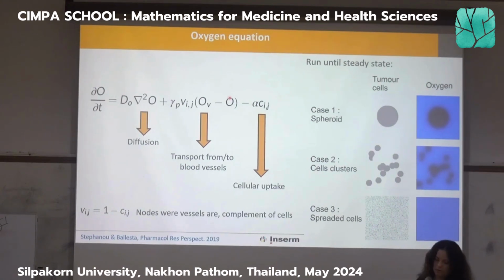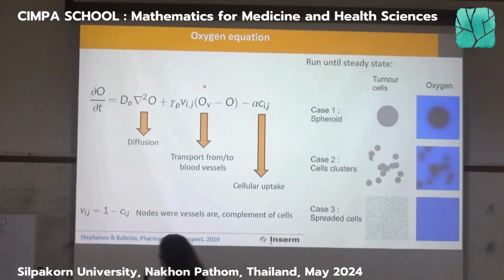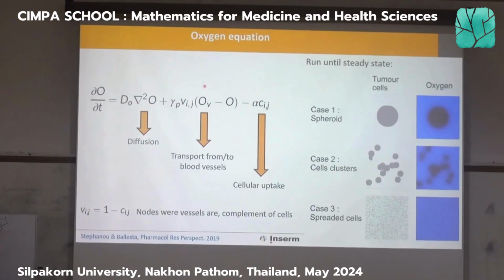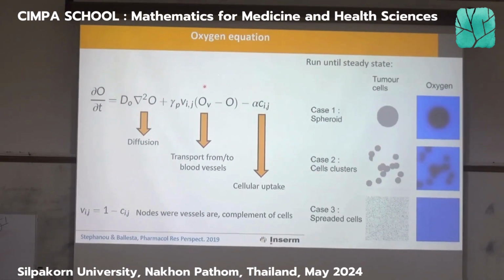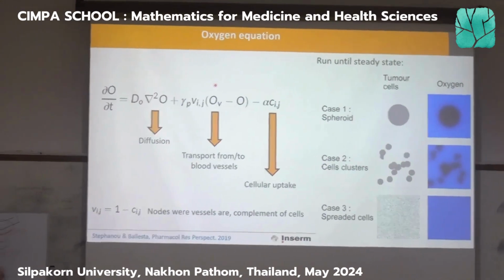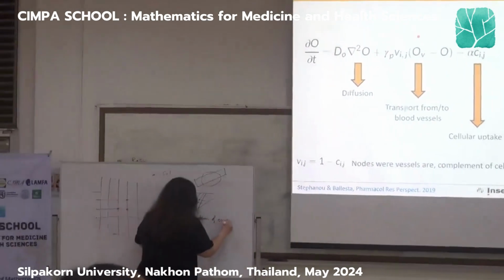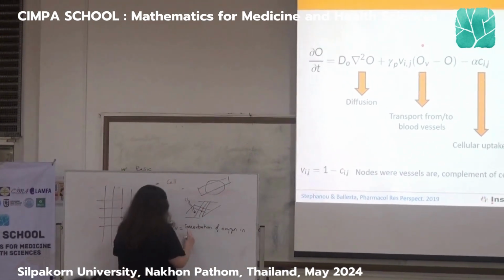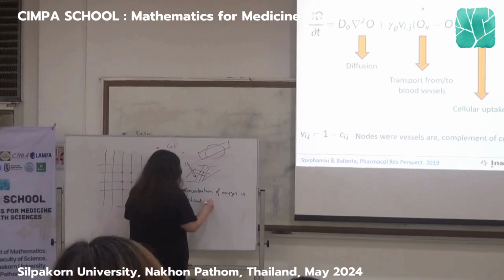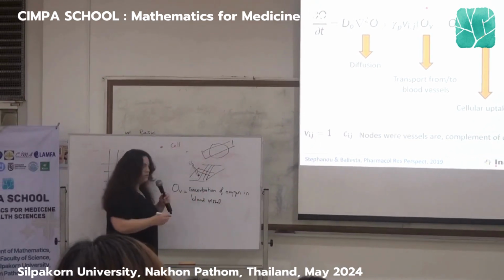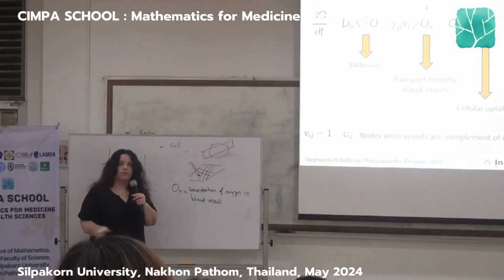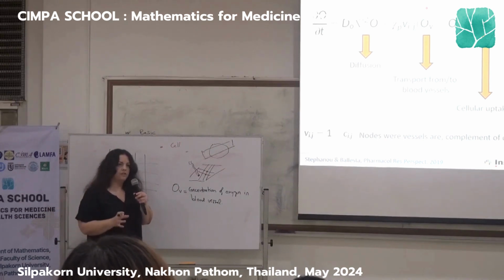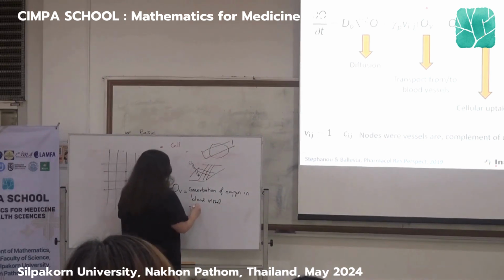So basically, O_V is the concentration of the oxygen in the blood vessels. Maybe I will write this. And it's supposed to be constant because basically the body is able to provide oxygen.